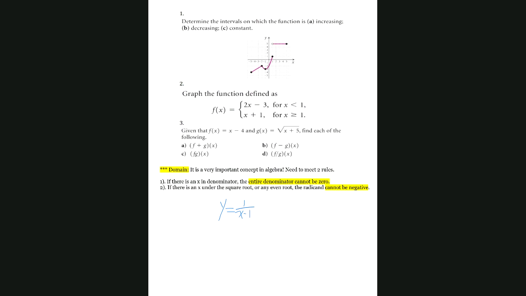Now I have x in the denominator, but the entire denominator cannot be 0. My entire denominator is x minus 1, and it cannot be 0. So we solve this one right here. That means x cannot be equal to 1. So that is the domain in here.